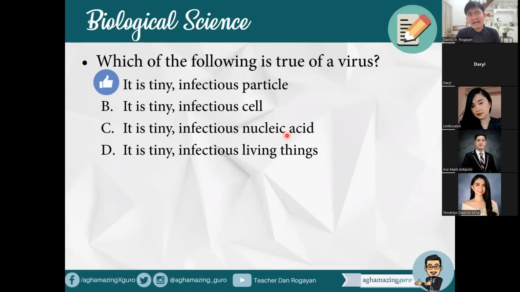So infectious nucleic acid, not really nucleic acid. So basically it's just a part. Okay? Not really living things because it is not classified in any domain or any kingdom. Pero sinasabi ng mga researchers, it's neither living or non-living.